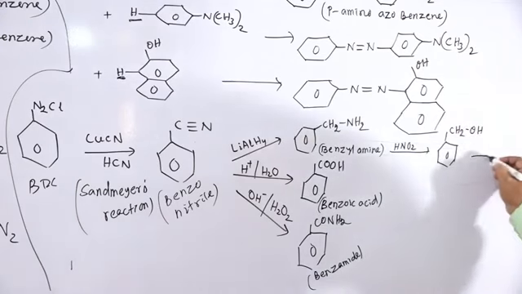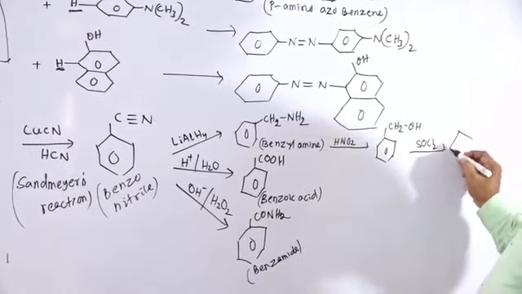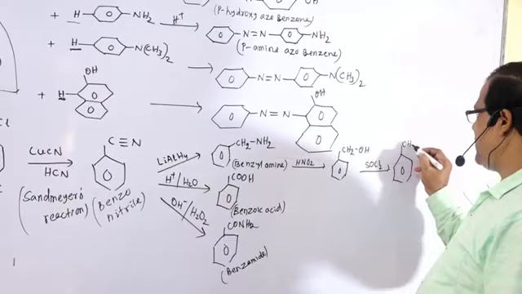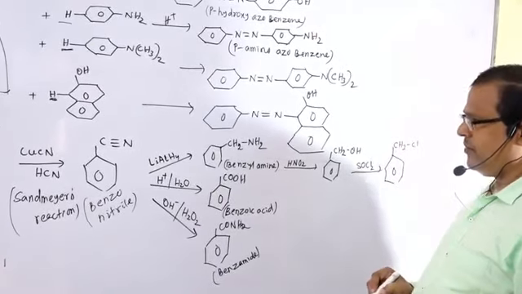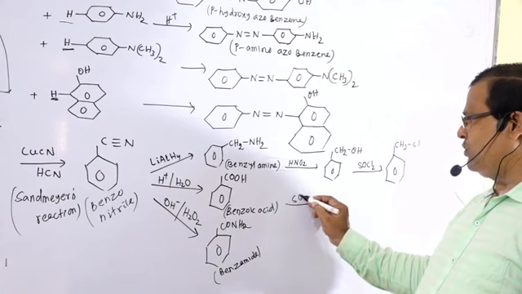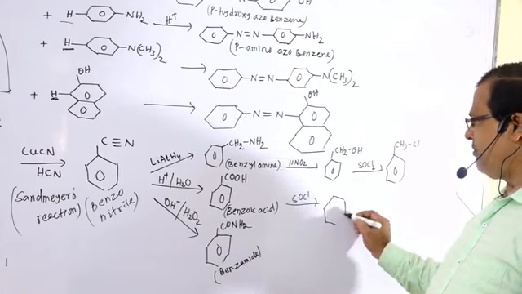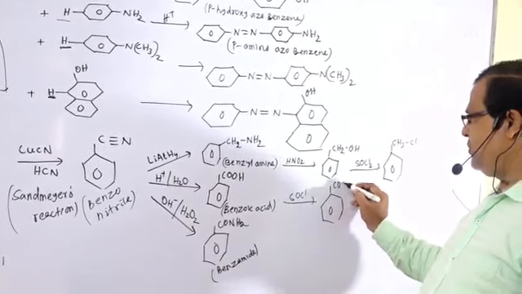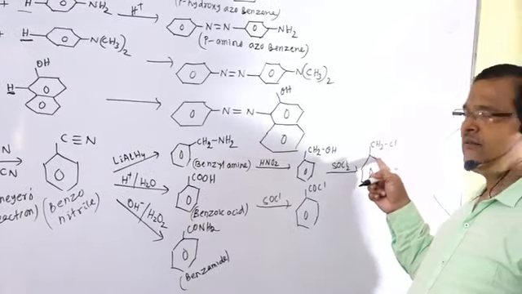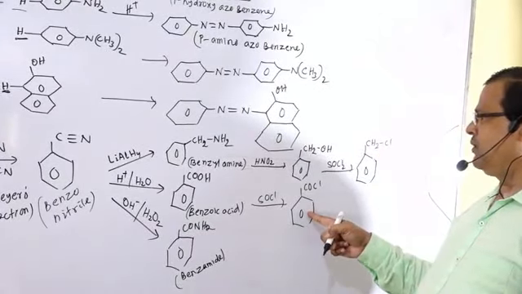That, treated with PCl3, PCl5 or SOCl2, forms benzyl chloride. Benzoic acid treated with SOCl2 forms benzoyl chloride, COCl. Mark it: this is benzyl chloride, and this is benzoyl chloride.